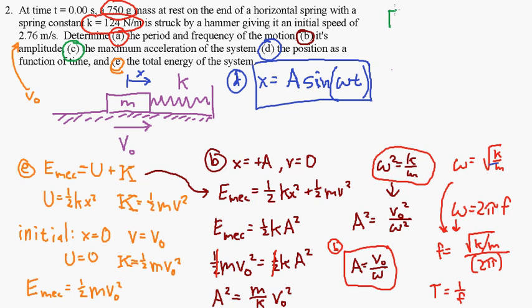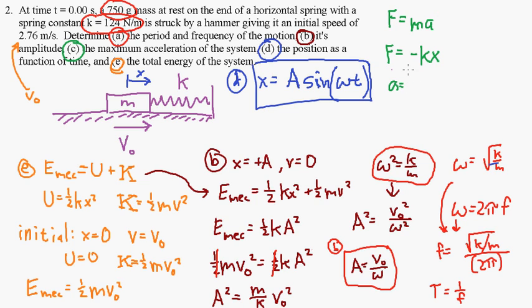So recall F equals ma. We're going to have maximum acceleration when the force is maximum. And the force due to a spring is negative kx. So ignoring the fact that it's negative, what we're looking for is simply what's the acceleration when x is at a maximum, either at a positive extreme or a negative extreme.